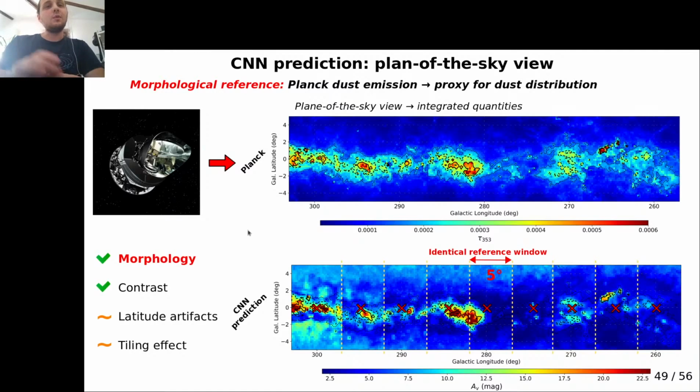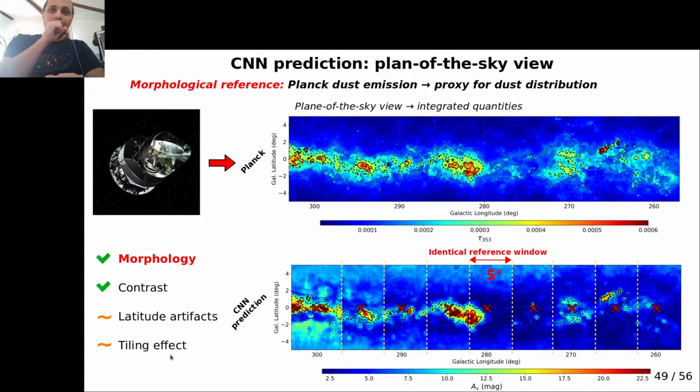You can see that our prediction is convincing in terms of morphology, because we have all those structures, especially these central structures, and all those small structures inside the galactic plane that are convincingly reproduced. And we have a strong contrast between low extinction regions and high extinction regions.